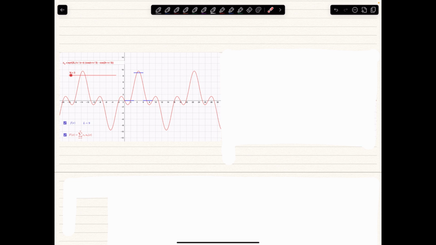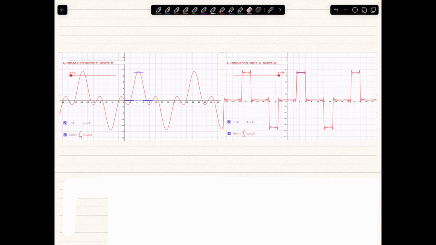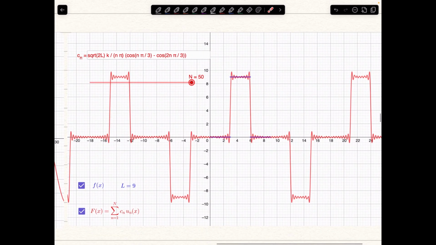Anyway, pretty much the same. This is the case n equal 3 when you have only n equal 1, 2, and 3. So you are going to have this approximation of the function. It's a pretty bad approximation. But as long as you put in more terms, for example, here we have 50 terms, look what is happening. The expansion is looking very closely now like the function, but with oscillations. So this is what you are doing.